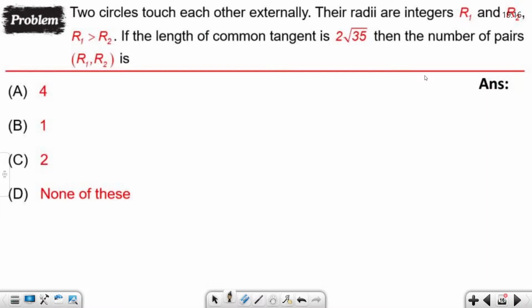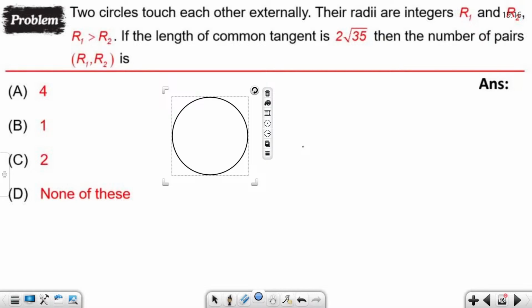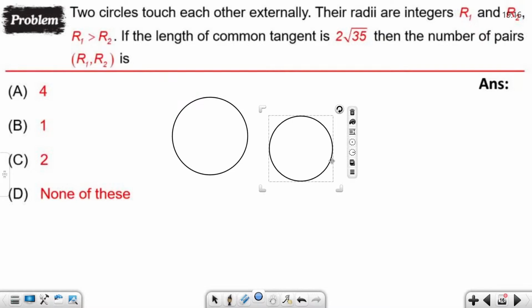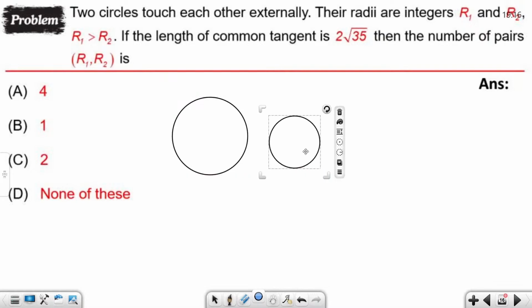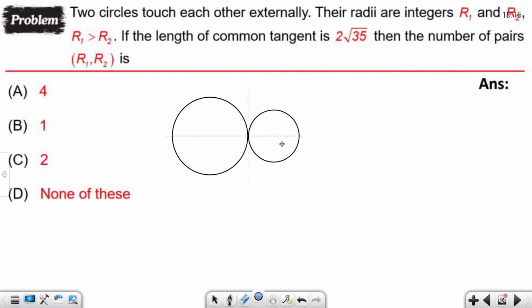See this question. They have said that two circles touch each other externally. So let me just draw these two circles first. Two circles touch each other externally. So let us say this is my one circle, and let me take it a little smaller. So this is my second circle, okay?